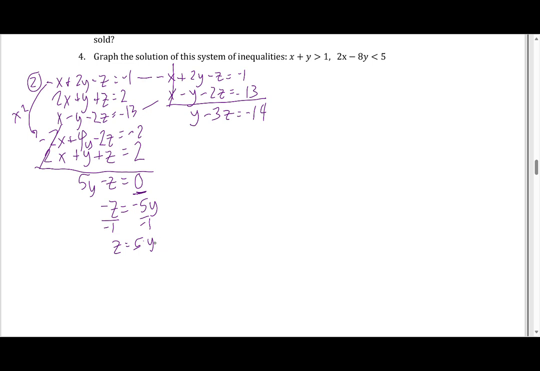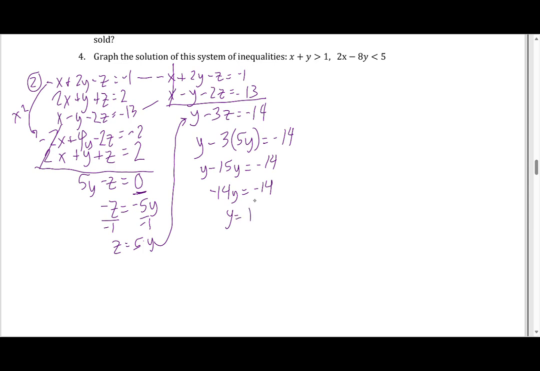And I can plug that in to the other equation. So I have y still from there, minus 3 times 5y equals negative 14. Now I have just one equation, one variable. Simplifying this side before I finish solving, y minus 15y is negative 14y equals negative 14. So y must be 1.